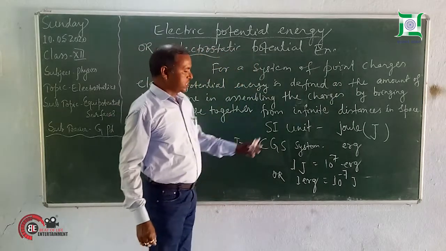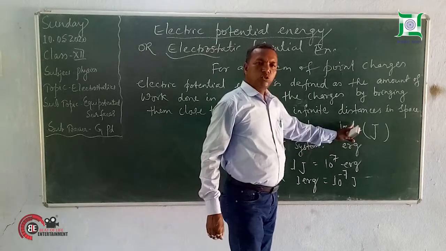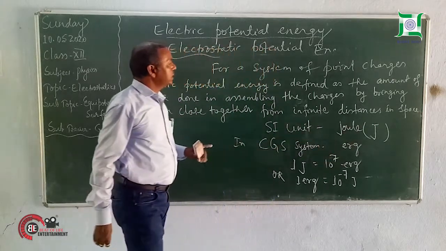So these are the SI unit and the CGS unit of electric potential energy.